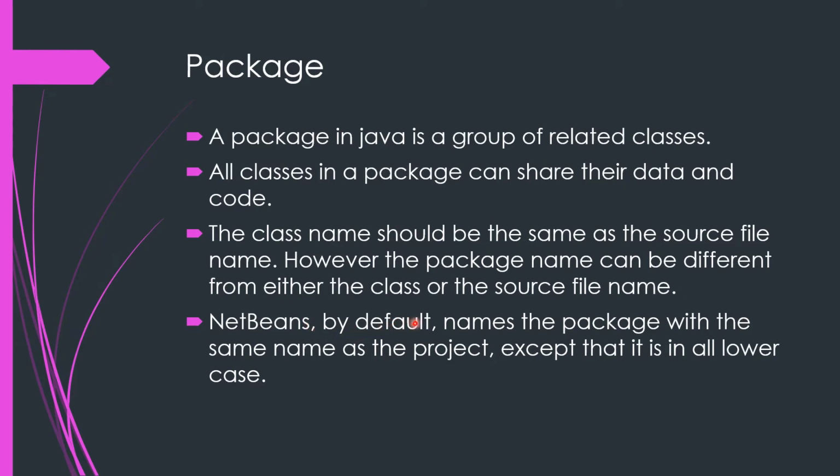NetBeans by default names the package with the same name as the project, except that it is in all lowercase. As in our example Java Application 2, the name of our project had each word capitalized, but when the package name was displayed, it was all in lowercase.